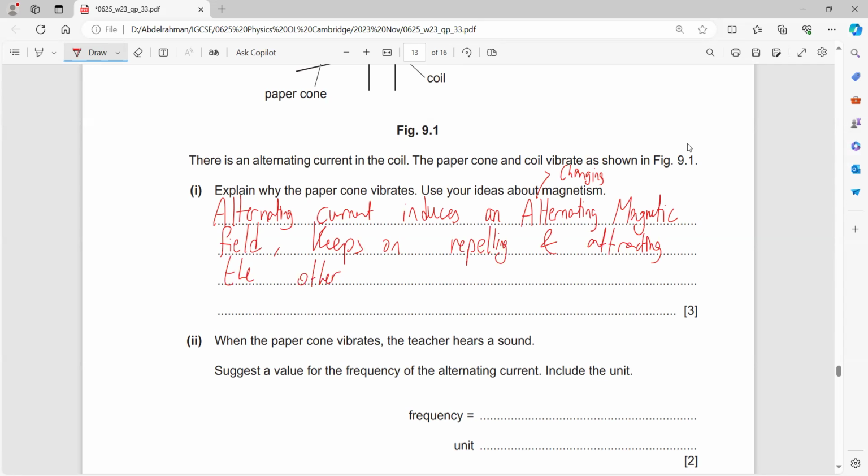Okay. It keeps on repelling and attracting the other magnet, because the cone is the thing that moves. So the alternating current creates.